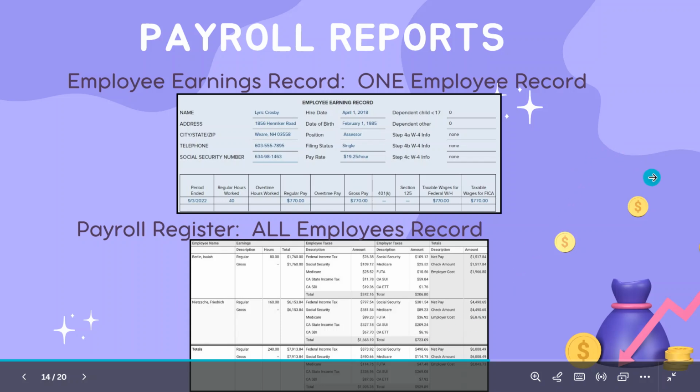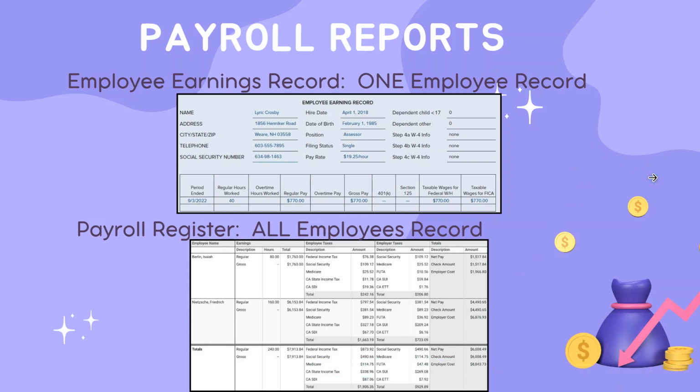Here's an example of payroll. When you pay your employees, remember these two reports that you guys learned are easy to get confused, which one is which. Remember that the employee earnings record is for the employee only. Right here, Lyric Crosby's the employee. It has only the one employee, how much they've earned, and what their accumulated pay has been for the year.